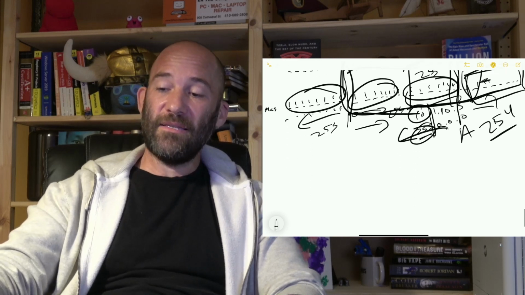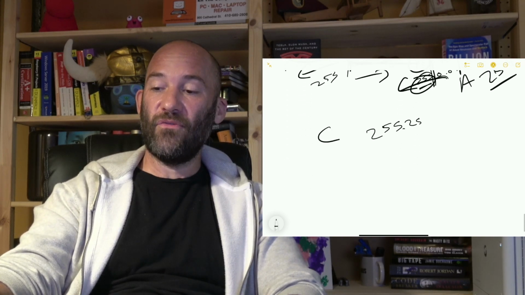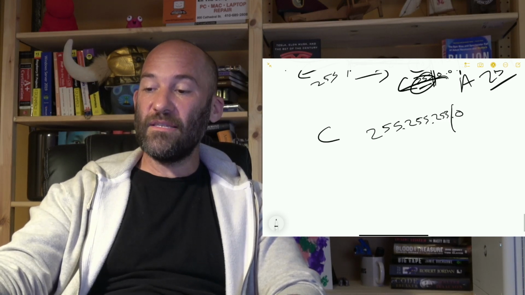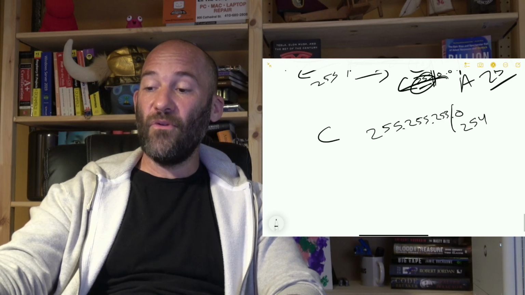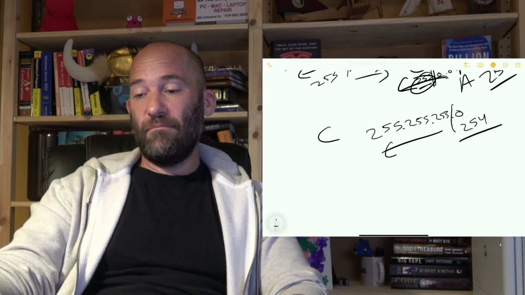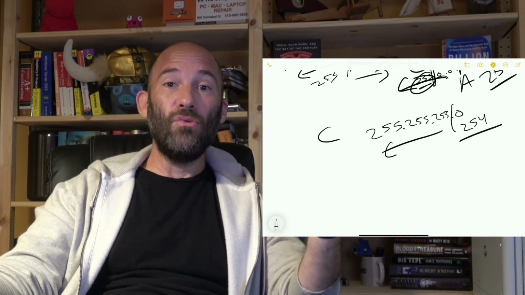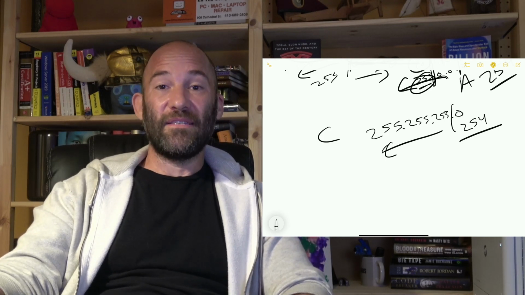So in a class C subnet, 255.255.255.0, this allows you to have 254 computer IP addresses and a huge number of network addresses. Again, if you need to have a huge number of network addresses, this gives you that ability.